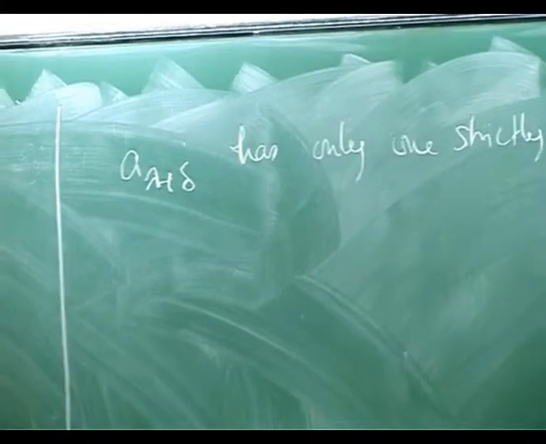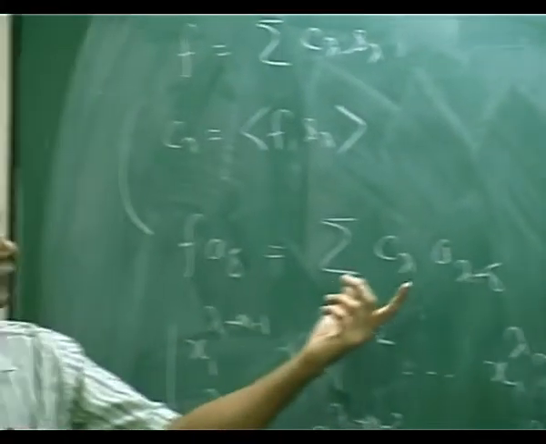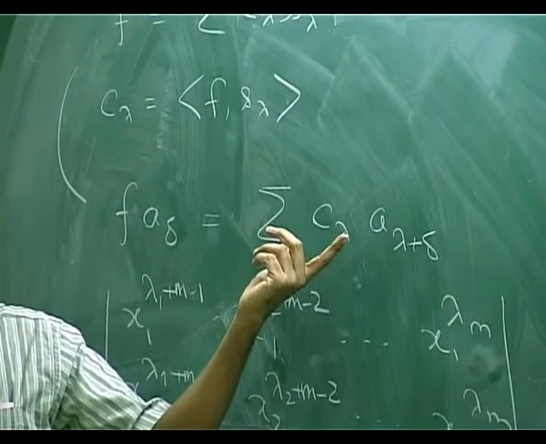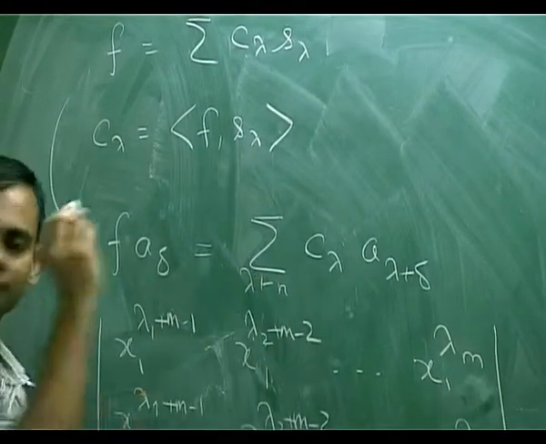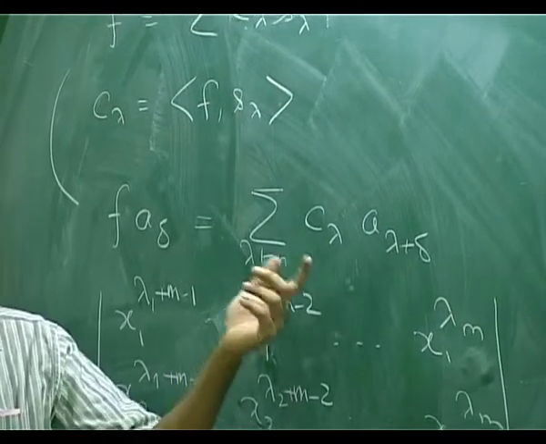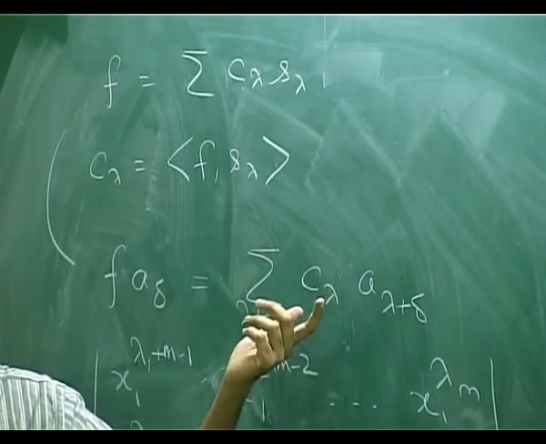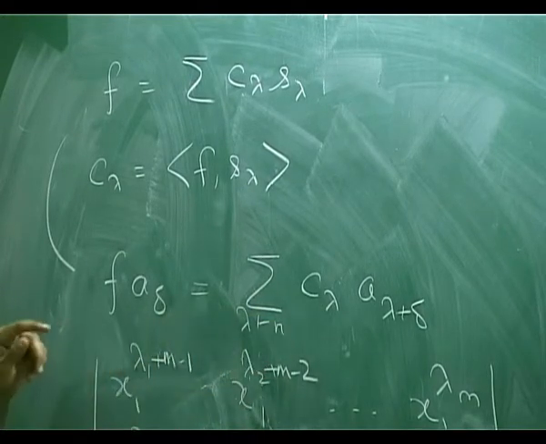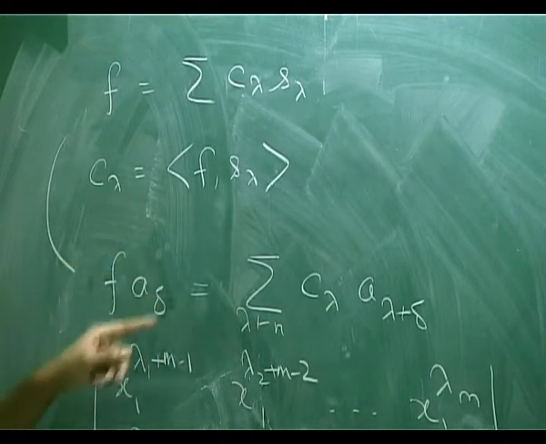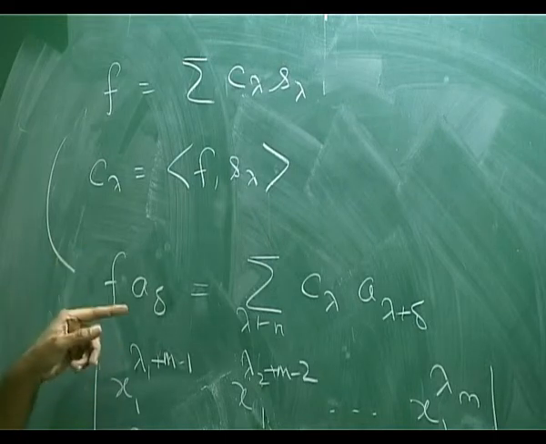So if you look now at this equation, what are the strictly decreasing monomials on the right hand side? There is one for each partition, right, and that is x to the power lambda plus delta, and its coefficient is c lambda. So c lambda is the coefficient of x to the lambda plus delta here.